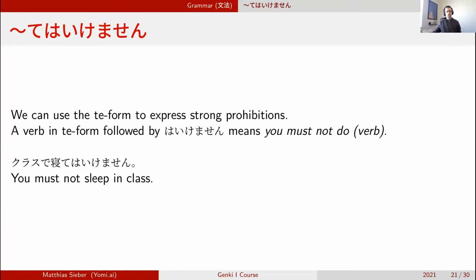How would you say you must not use a smartphone? Verb in te form followed by you must not.